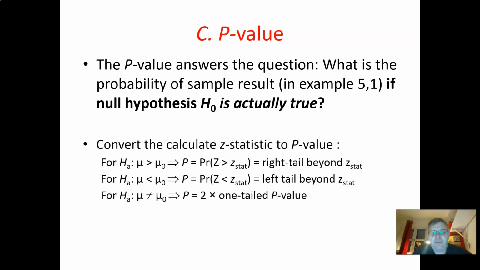P-values are found from the probability distribution function, and you may have already done some exercises where you were given some z-statistic and had to find the probability of some event. When you have calculated the z-statistic, it can easily be transformed to a probability value, the p-value in this case. I will not talk about how to do that. Usually software does it for you automatically.